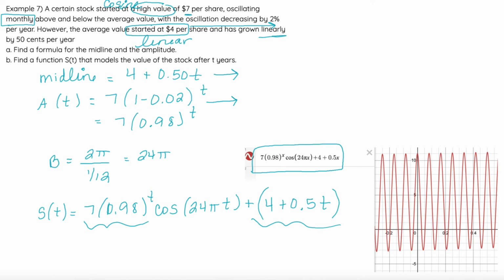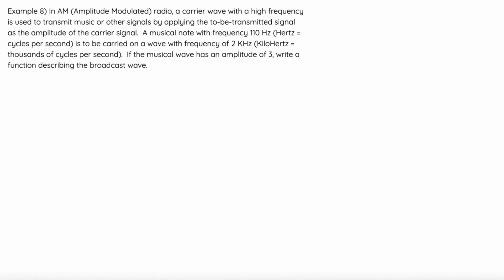All right, our last example. In AM, which is amplitude modulated radio, a carrier wave with a high frequency is used to transmit music or other signals by applying the signal to be transmitted as the amplitude of the carrier signal.